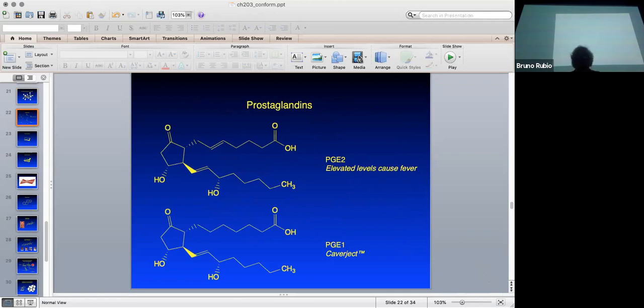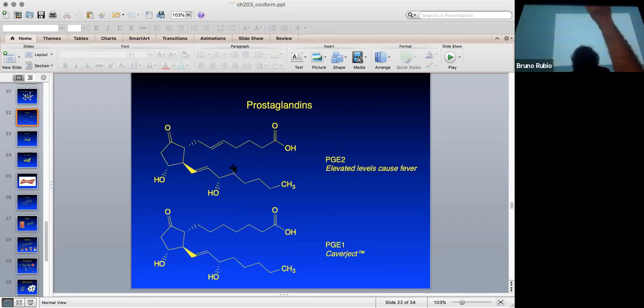Maybe you've heard of these prostaglandins. These are physiologically active 5-membered ring systems. PGE2 causes fever and pain. Aspirin, naproxen, ibuprofen, these are PGE2 synthetase inhibitors.